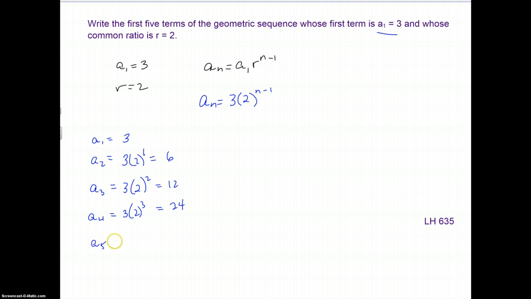And a sub 5 is going to be 3 times 2 to the fourth, which is 3 times 16, or 48. So here are the first 5 terms of our geometric sequence.